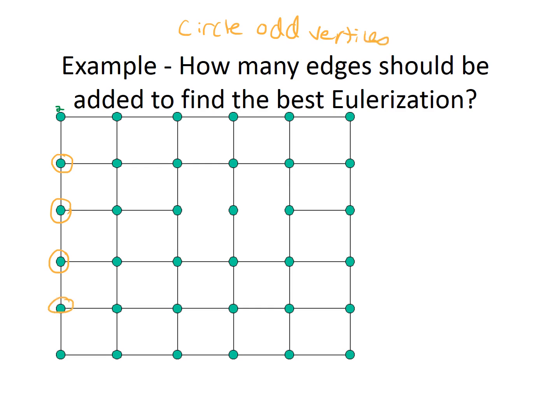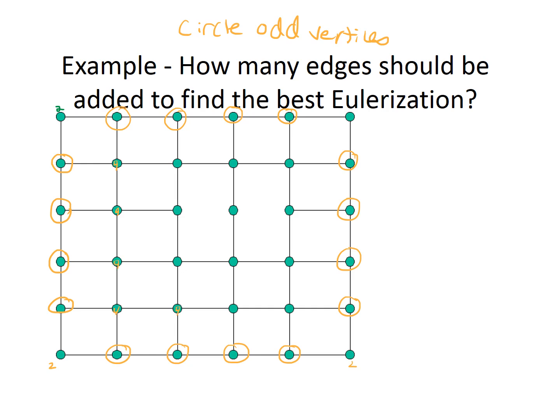This is odd. This one has degree 2, so that's okay. Odd, odd, 3, 3. That one's 2. Odd, odd, odd, odd, even, odd, odd, odd, odd. So that's what the outside looks like. This one's 4 edges, 4 edges, 4 edges.